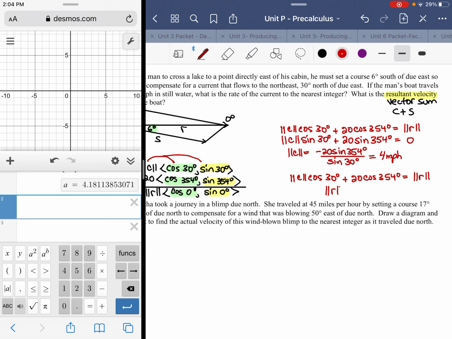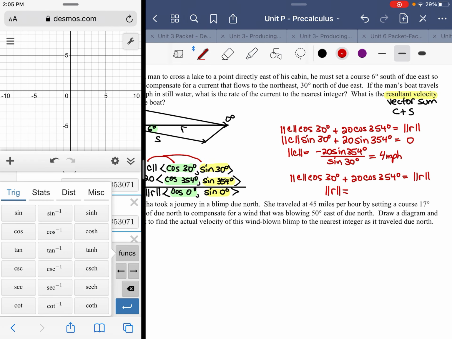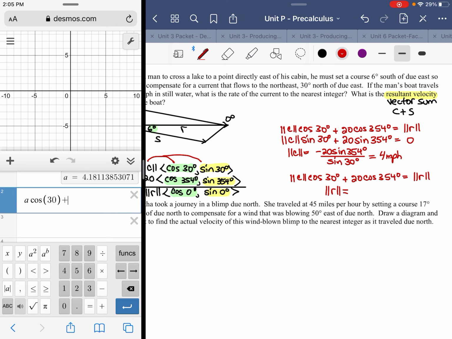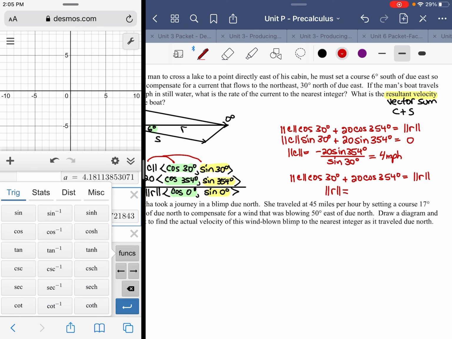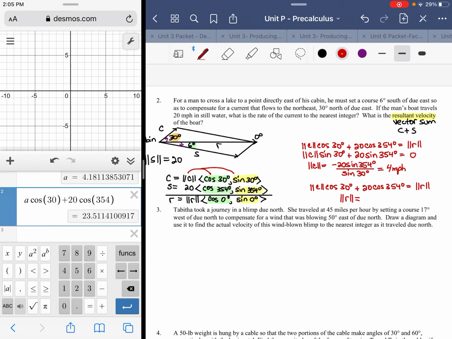Let's call this A. So the magnitude of r, the resultant velocity, is going to be, instead of magnitude of C, I'm going to say A cosine 30, close it up, plus 20 cosine 354, close it up. And so now we have our resultant velocity.